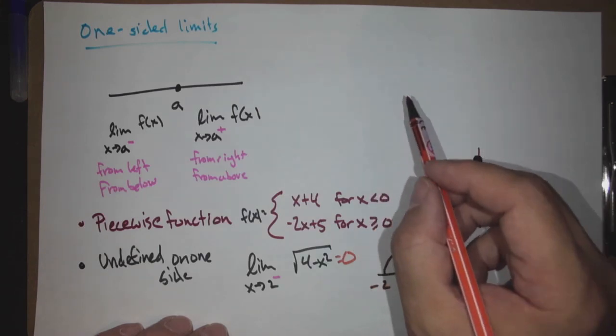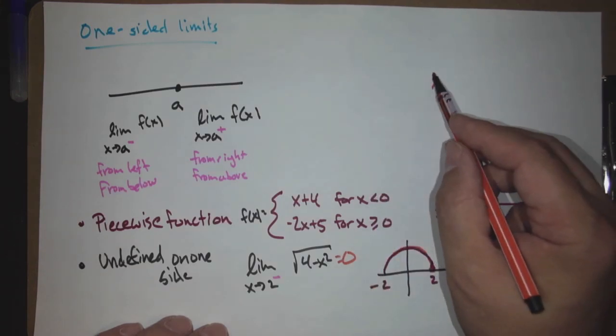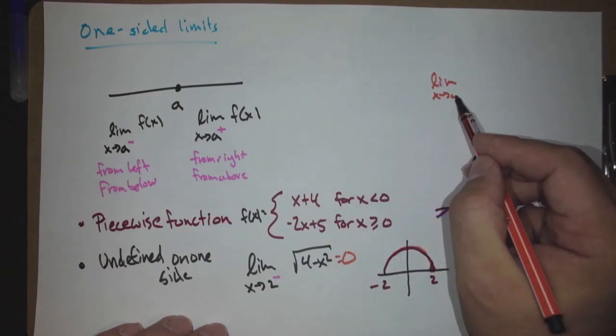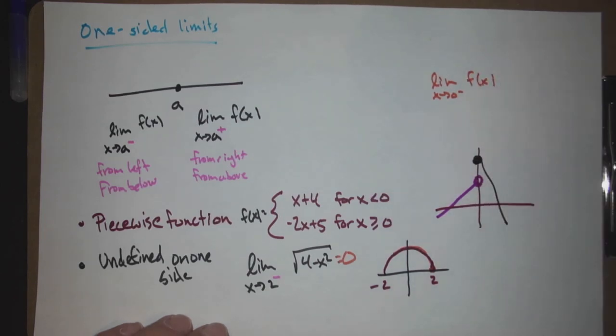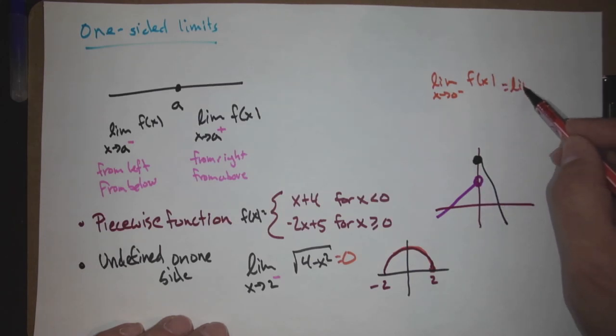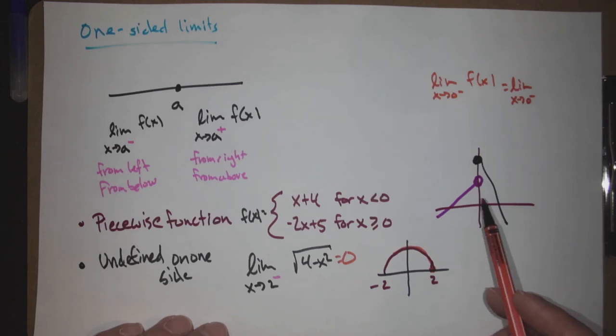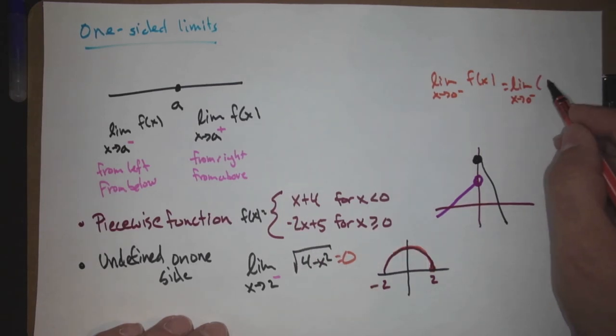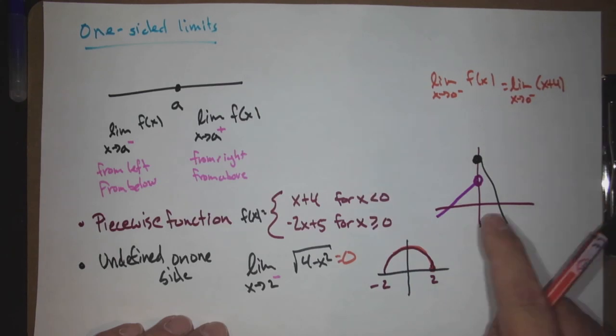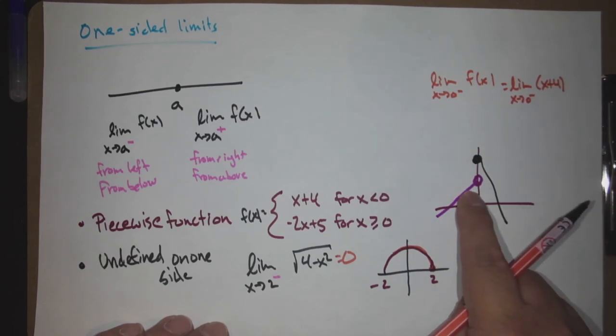All right, so let's do this example here. What's the limit as x approaches 0 from below of f of x? Now, you can use the picture, or you can say, well, it's a piecewise function. So I use the piece just below 0. That piece is x plus 4. So in other words, just below 0 is behaving like x plus 4.